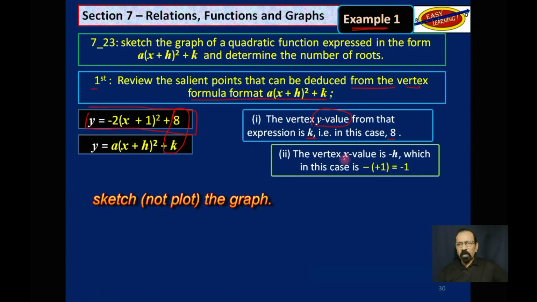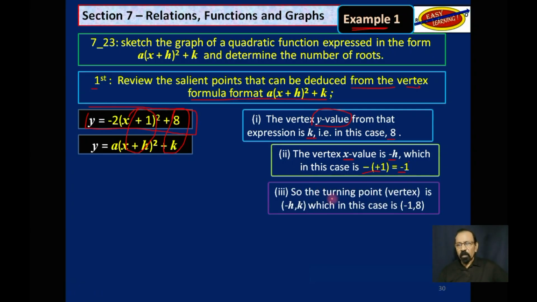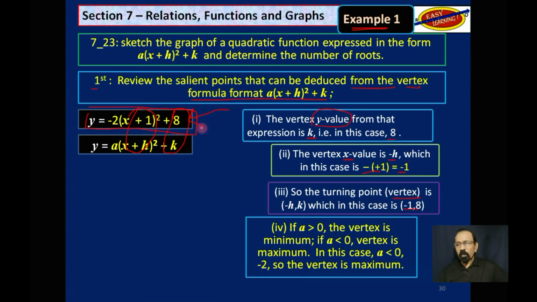We also know that the x value is negative h, which in this case is negative plus 1, which is negative 1, negative h. So we know what the vertex is. That is the turning point. The vertex is negative 1, 8. That's what we can deduce from that, which we did in the last video.